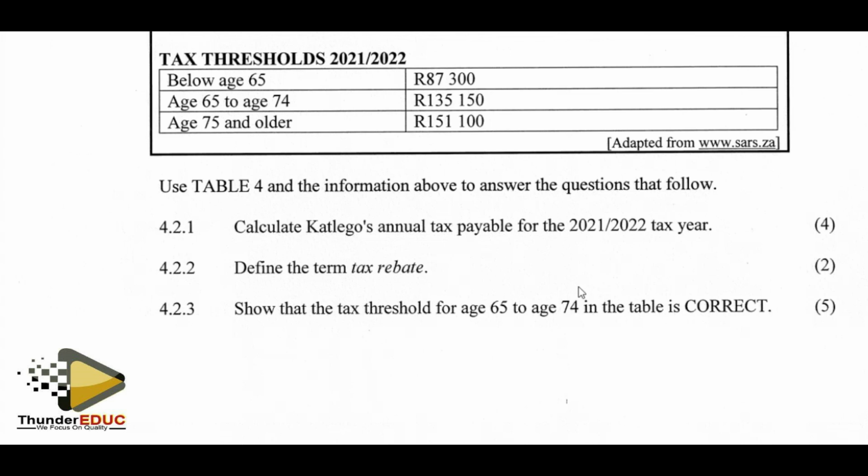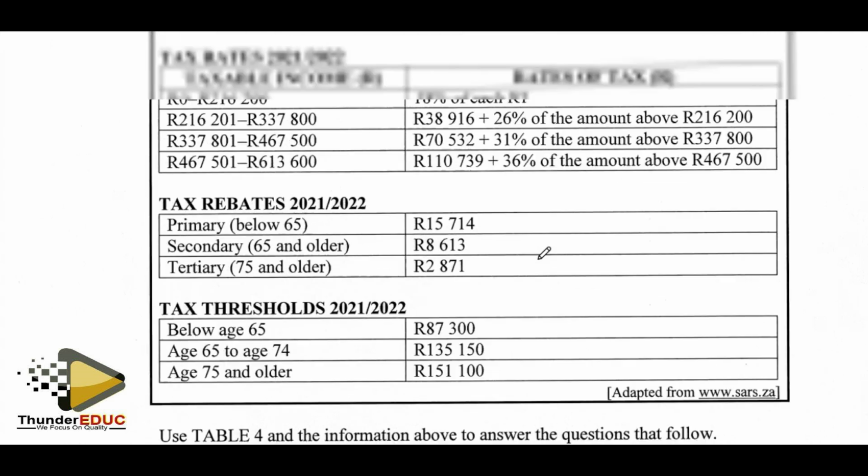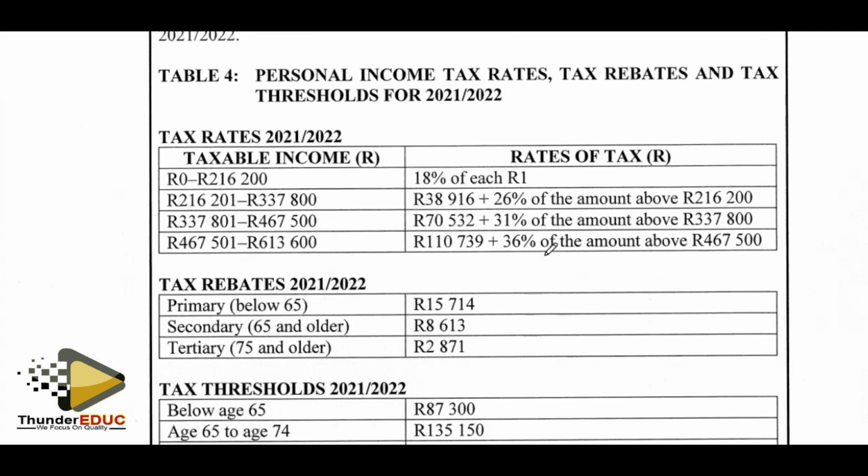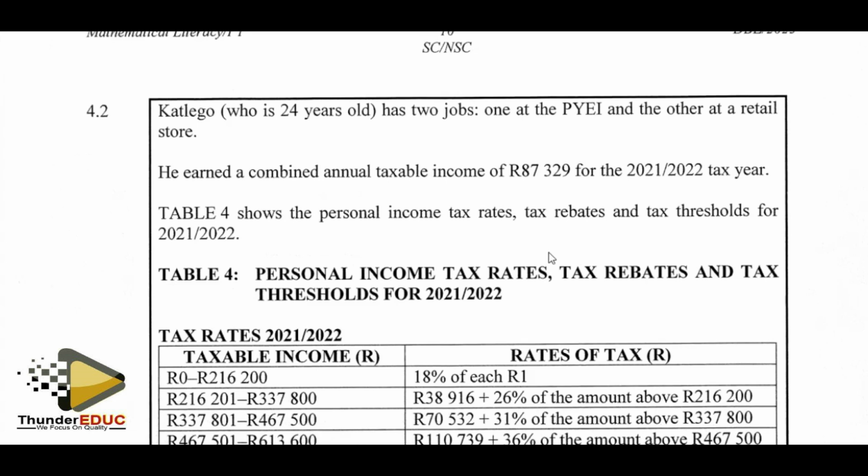They are telling us to calculate Kaslejo's annual tax payable. First and foremost, we need to know how much the person earns. Kaslejo is 24 years old. He works for that company there. He earns this much, which is already his annual taxable income.